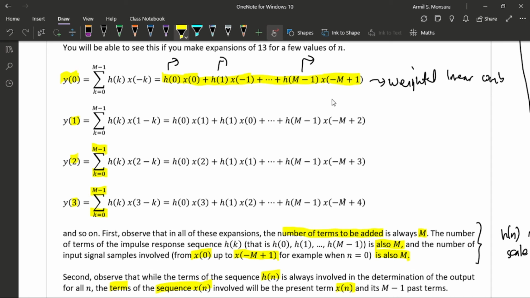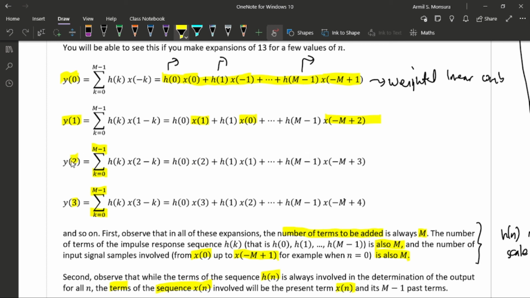So you would involve the present input and the past inputs. Kapag nagko-compute na tayo ng y of 1, we will start with x of 1 and then the past values of your inputs.